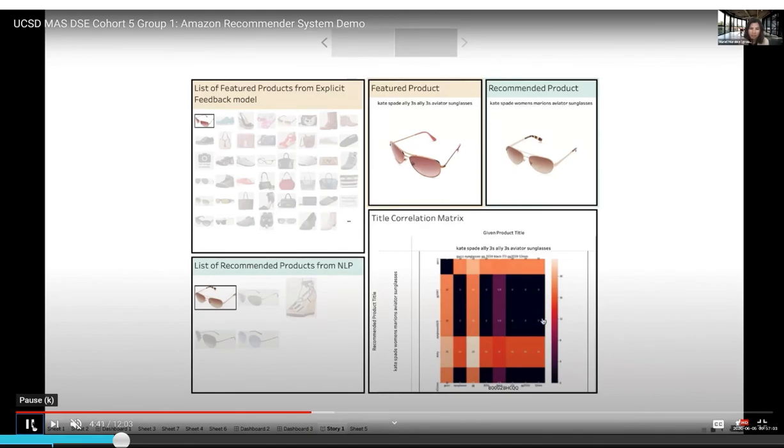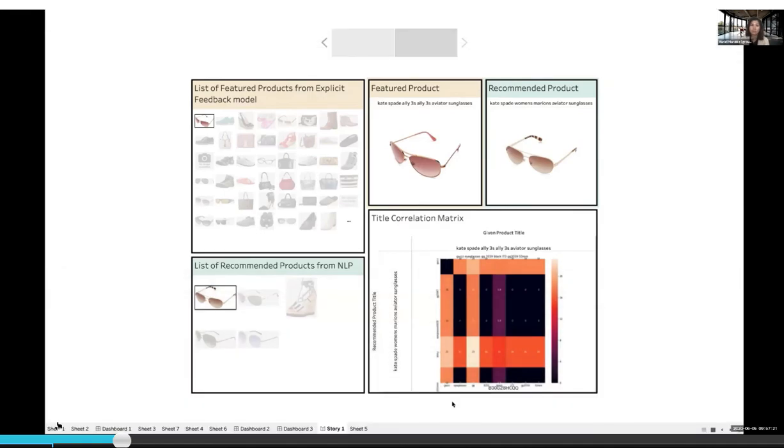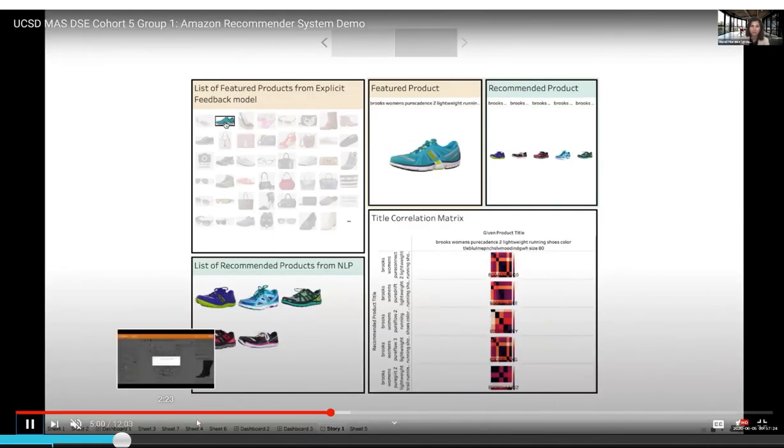This model actually works pretty well visually. You will see later when we click through here, this model was able to recommend pretty similar, even visually similar products, even though it just uses the text.